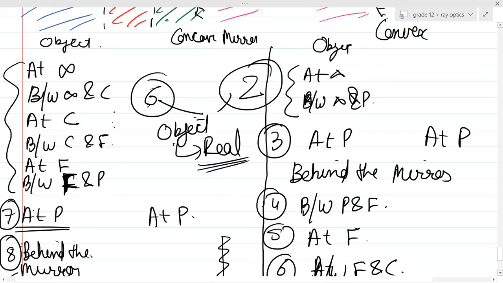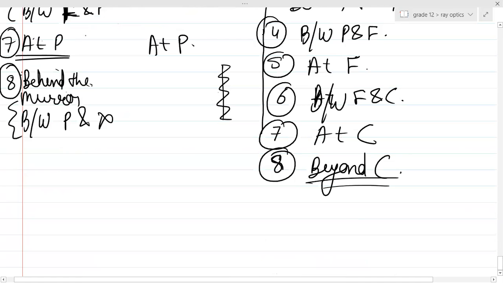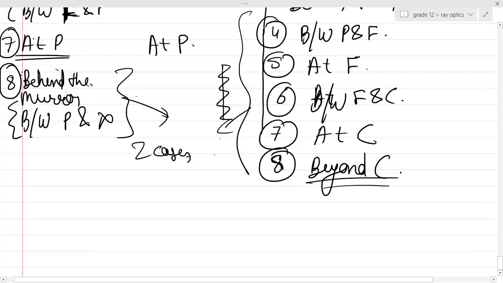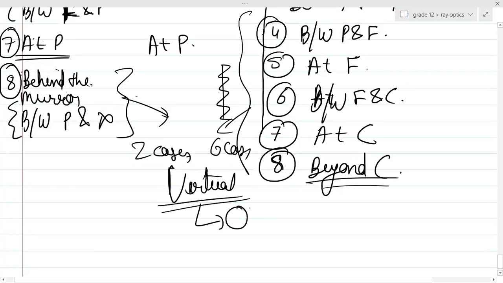Yes or no? In all these cases the object was real, and in the 2 cases from here and the remaining 6 cases from here, the object will be virtual. We generally don't draw the at-pole case. So these will be the cases when the object will be virtual.